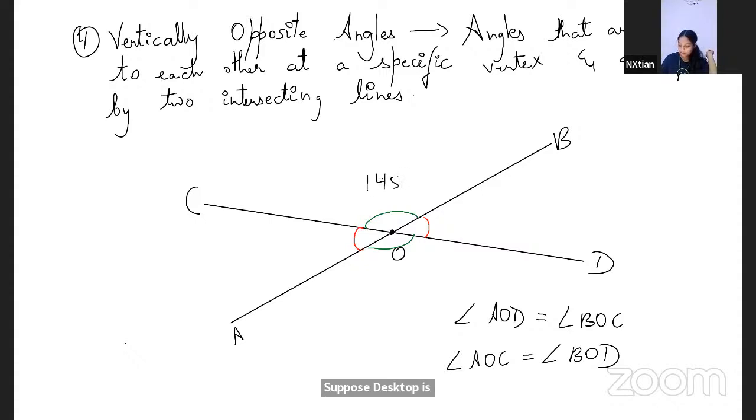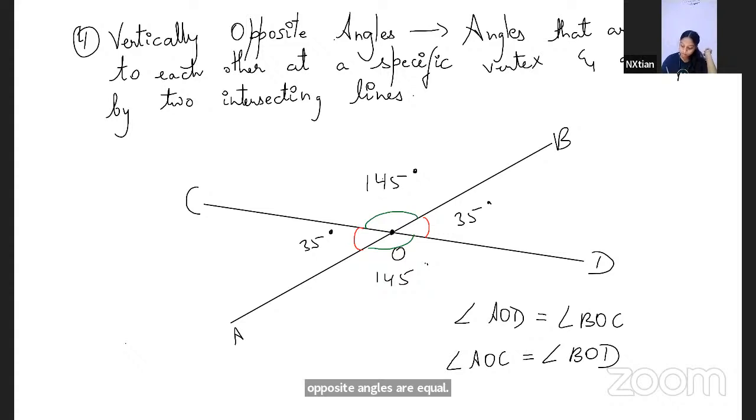Then its opposite angle, that is AOD, will also be 145 degrees. And if AOC, the side one, is 35 degrees, then BOD will also be 35 degrees. This property says that vertically opposite angles are equal.